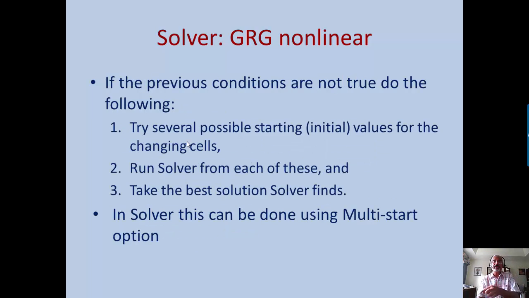If previous conditions are not true, suppose you do not have concave or convex, then what do you do? In that case, all you have to do is try different starting points.